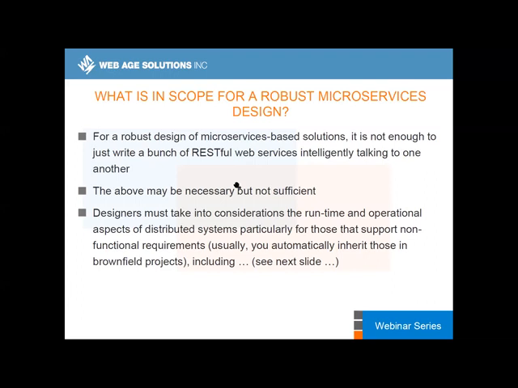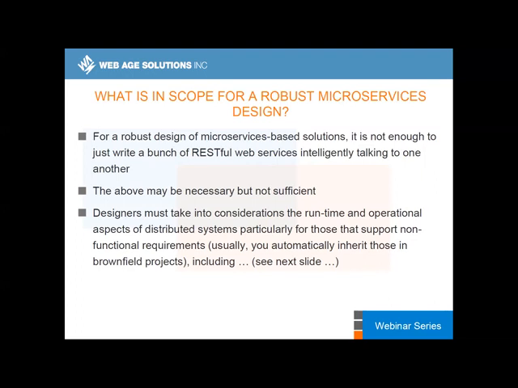So usually, if you're lucky, you can start with a greenfield project, starting from a clean slate. Everything is just available for you to do the designs the way you want. But in practice, most likely, maybe in 80% of cases, it would be some sort of a brownfield project. It's a project that has been around for some time.